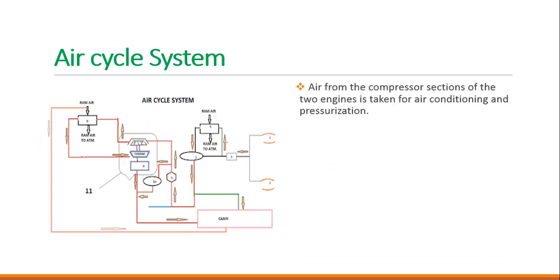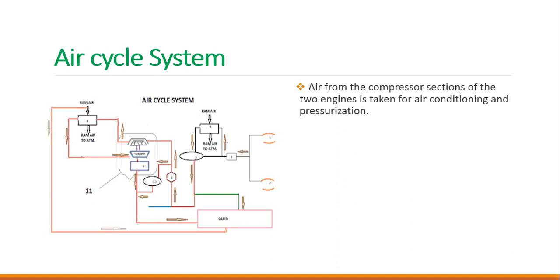Now we will see how this air cycle system works. We all know that we take some air from the engine for the pressurization unit, because we can't supply a separate storage capacity for it.